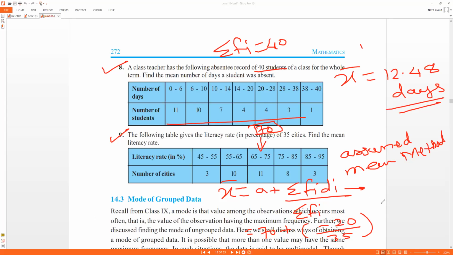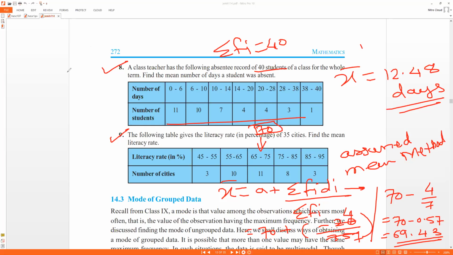मग तुमचा आन्सर येऊ शकतं 70 मायनस हे 5 ने डिवाइड होतो. It should be 70 minus 0.57. So you should be getting 69.43.